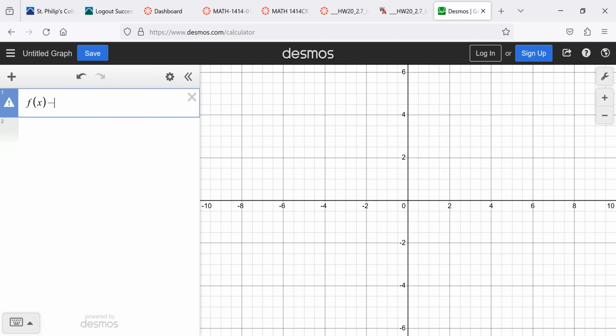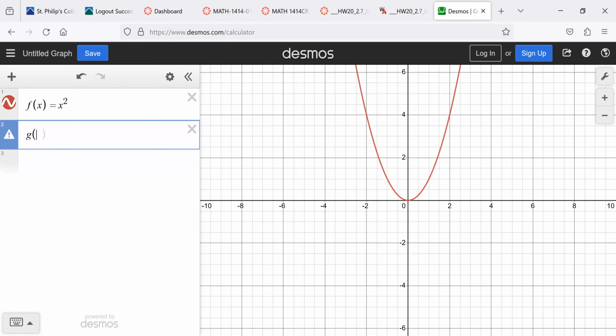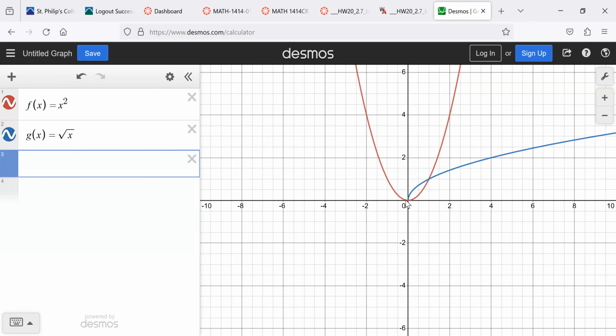let's say I had these two functions. Can you guys see the graph here? Okay. You see how the red parabola would fail the horizontal line test? So I would have to restrict it and say, you know what, the red one is only defined after 0, so only the right half would be used.